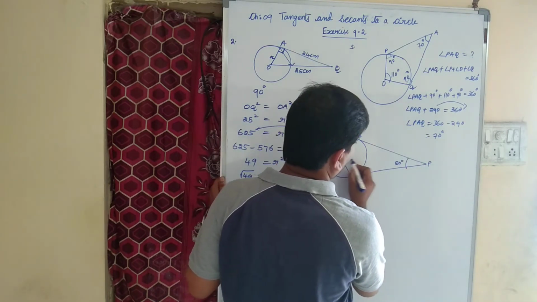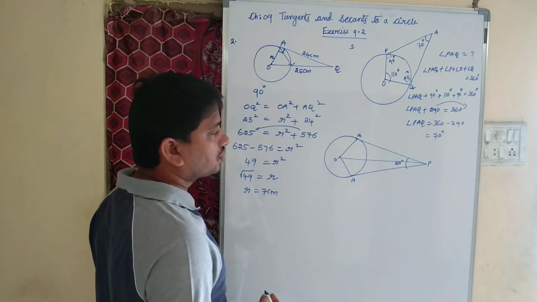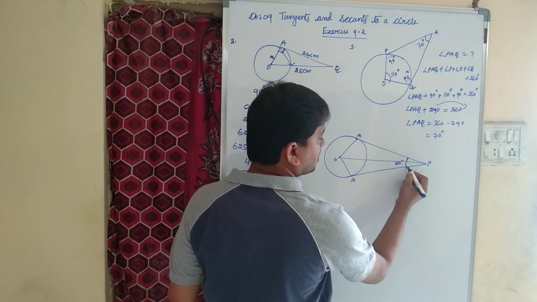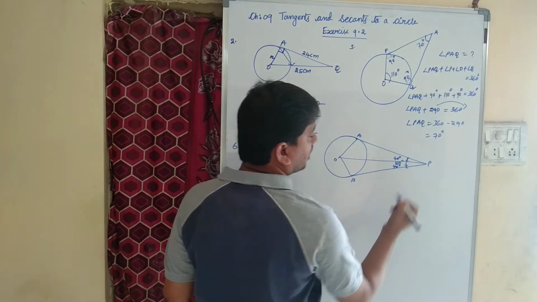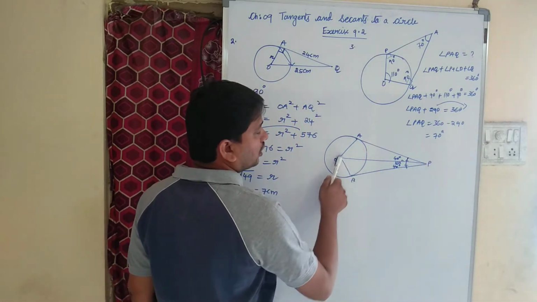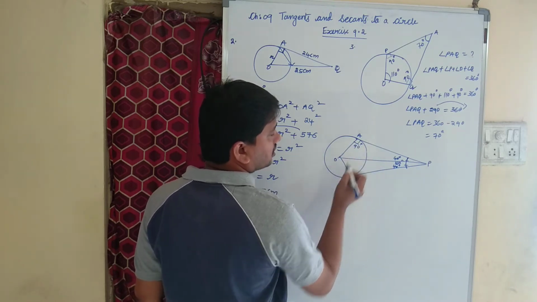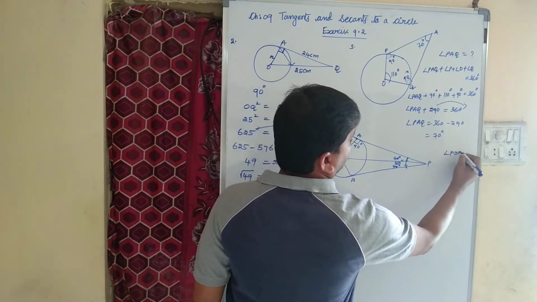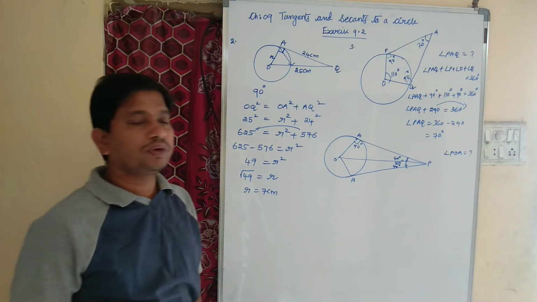Okay, let us join O to P. So this is our angle bisector. Angle bisector in the sense it divides the given angle of 80 degrees into two halves, that is 40 and 40. We know that PA is our tangent, OA is our radius. The radius is perpendicular to the tangent. This is our 90 degrees. Actually, they are asking to find the value of POA.